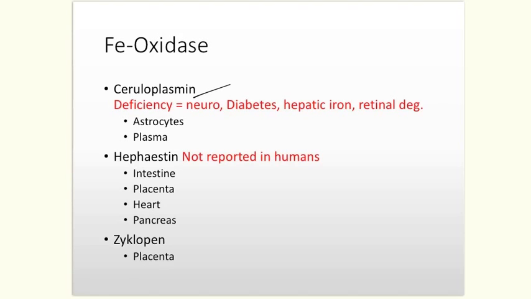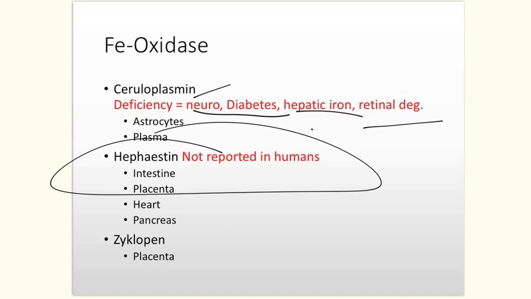But if you have a deficiency in the actual ceruloplasmin gene, this causes a lot of neurodefect, diabetes, increased hepatic iron, and retinal degeneration. All transfer of iron within the blood needs to be in the Fe3+ state, and so if you can't get it there, you get stuck in the liver. There are no reports of hephaestin mutations in humans at this time.